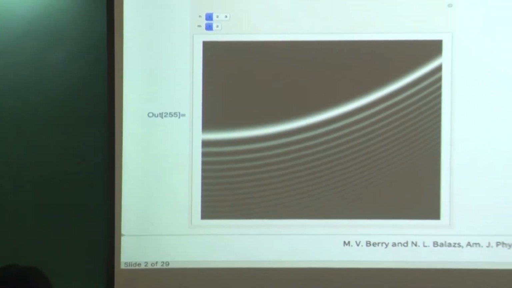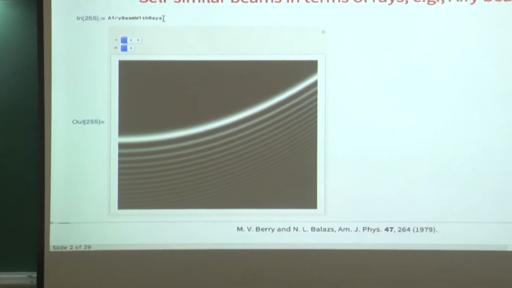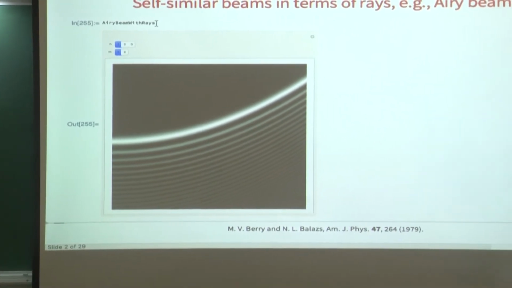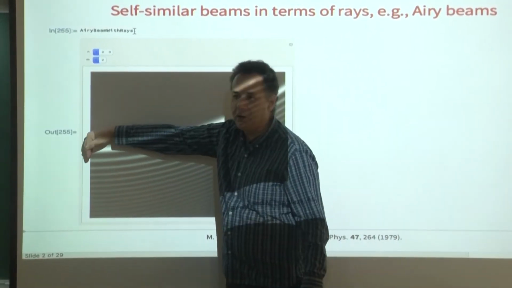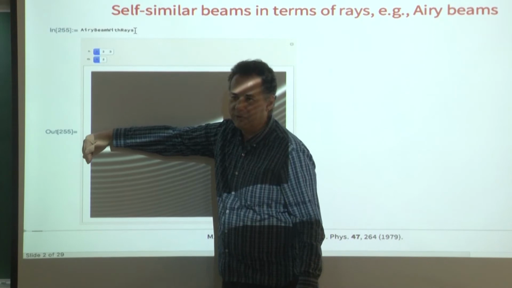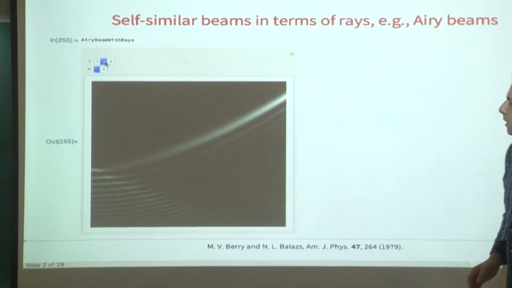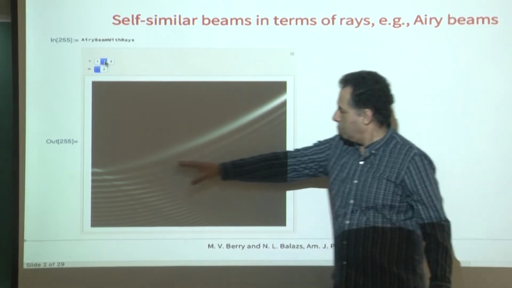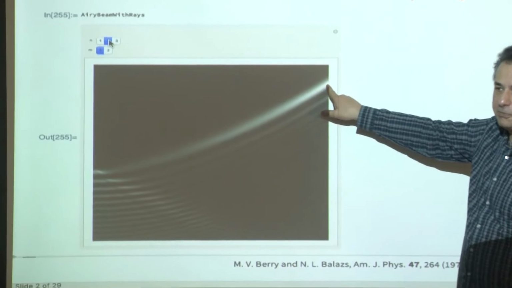A second mysterious aspect is what is called, in a very New Age fashion, self-healing, which is if I now come and block a part of this beam, I block this, I disrupt the beam, but the maximum here comes back.